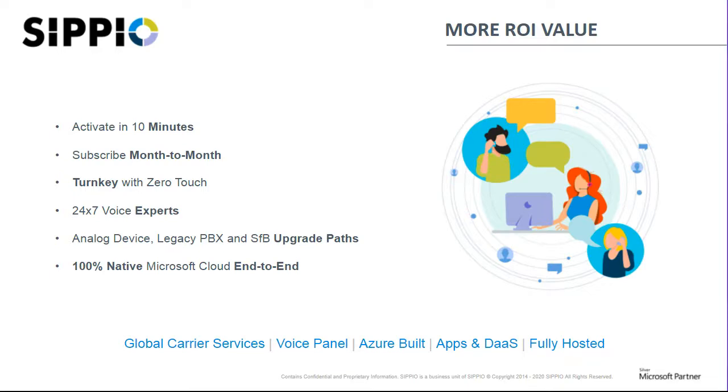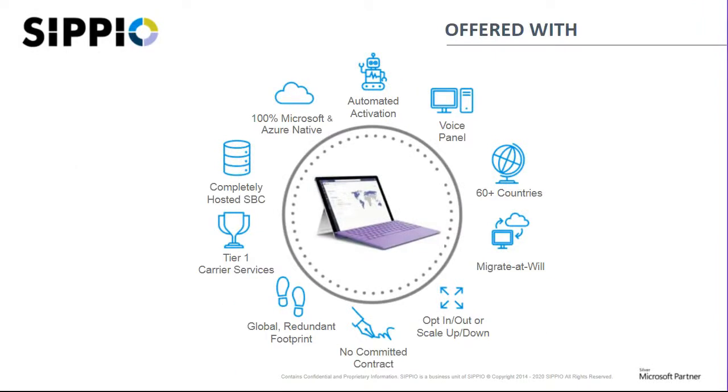Scipio is a ready for sale and ready for consumption service. The great news for partners is there's no requirement for any build, any coding or development. The good news for customers is that the service can be activated within minutes, and it provides the native integration of voice into Microsoft Teams.